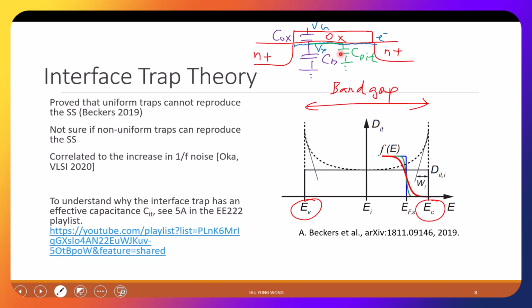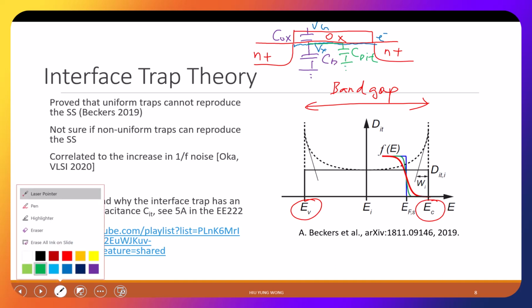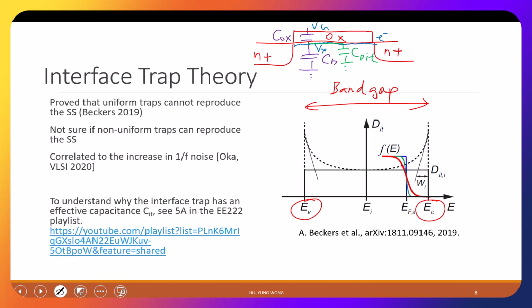When you have some traps, some defects at this interface, equivalently, you have more capacitance at the bottom. Because of this, what is N?